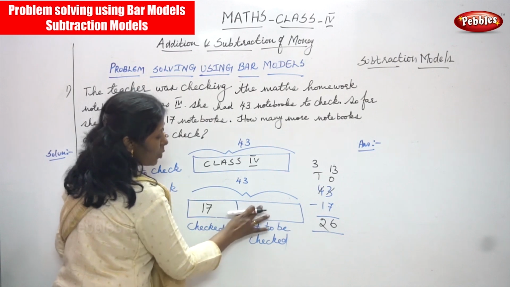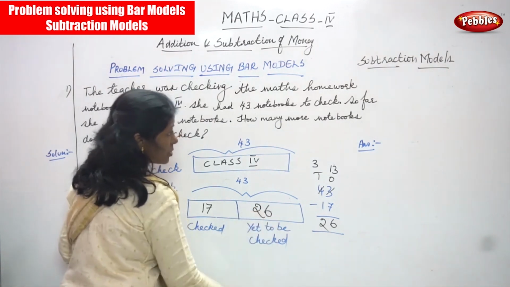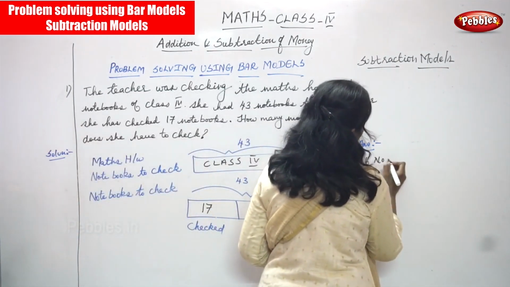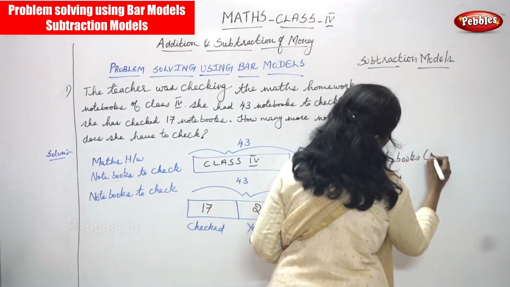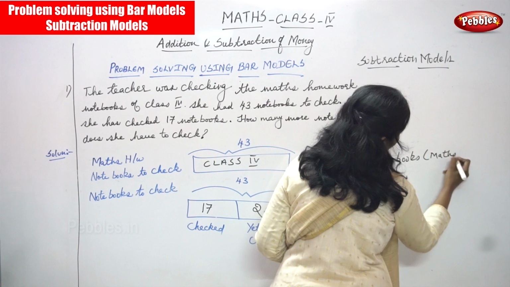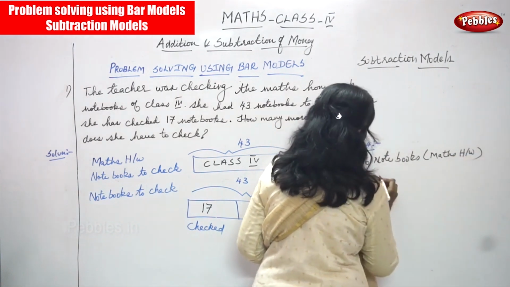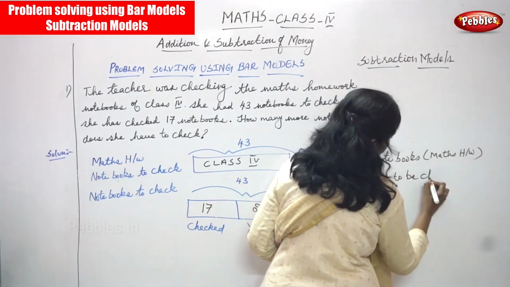What is yet to be checked? That is 26 notebooks. So the answer is 26 notebooks, that is, max homework notebooks are yet to be checked.